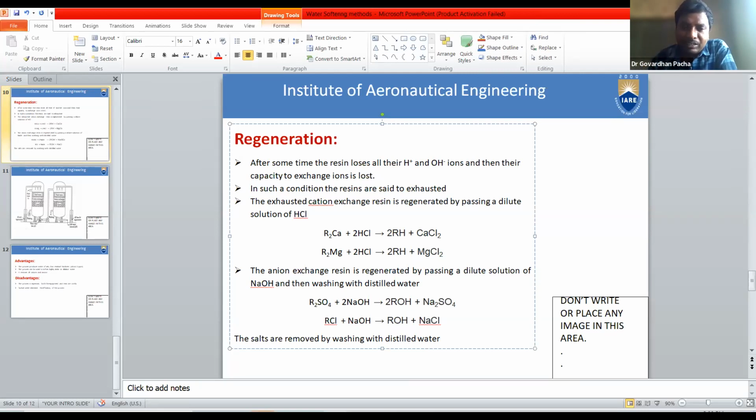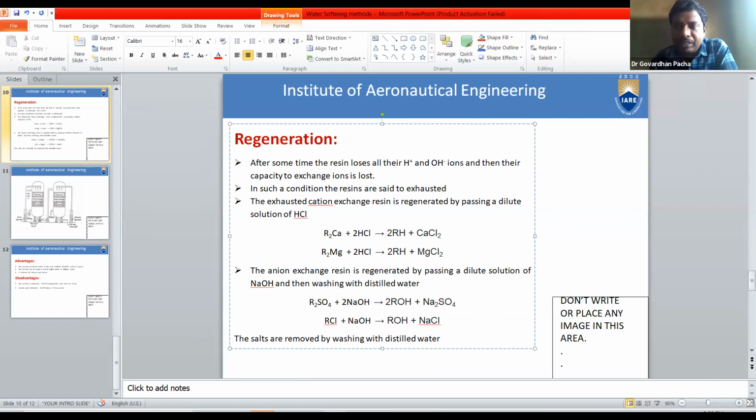What is the chemical used for the regeneration process for the cation exchanger? Dilute HCl, dilute hydrochloric acid.